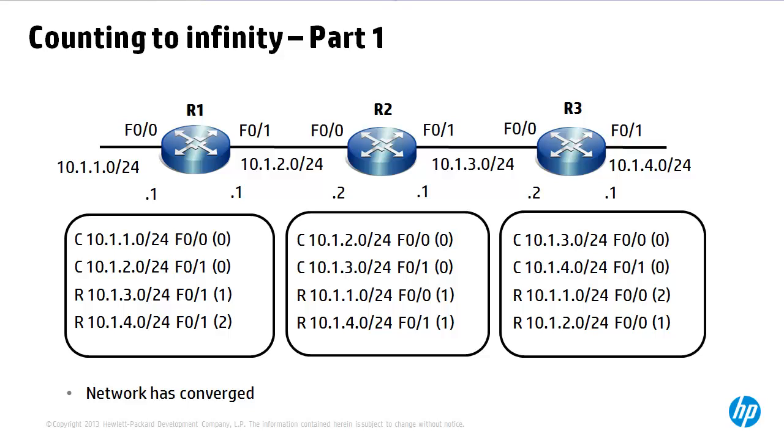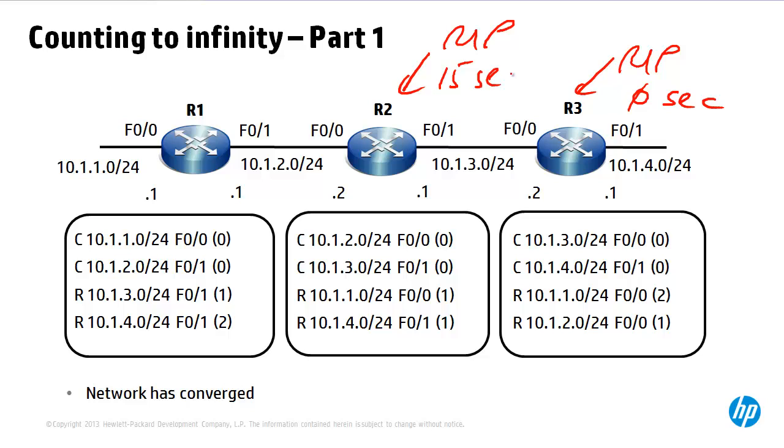Now it's important once again to realize that the clocks of the routers are not synchronized with regards to routing updates. So as an example, if RIP is enabled on router 3 at time 0 seconds, and then RIP is enabled on router 2 at time 15 seconds, there's a 15-second difference between updates.